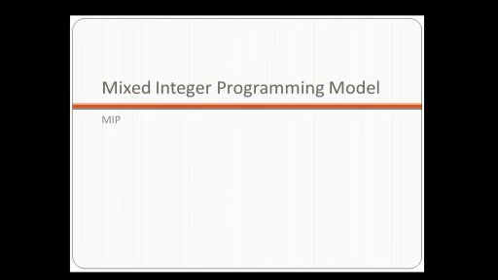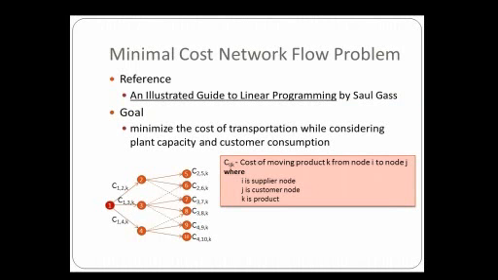So here's my problem. I'm setting up a minimal cost network flow problem in here. I have my nodes. The plants would be 2, 3, and 4, where the warehouses would be 5 through 10, and the raw materials would be 1. You'll notice this arc has a cost statement on it.